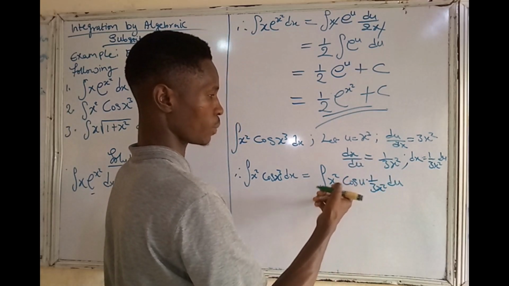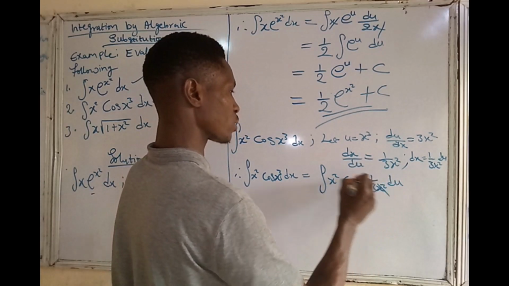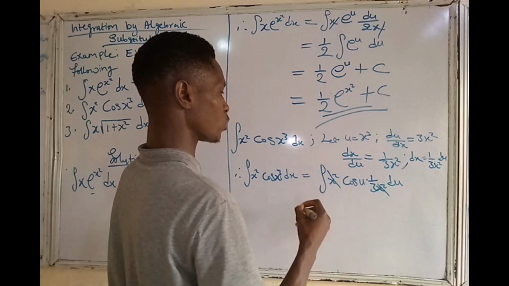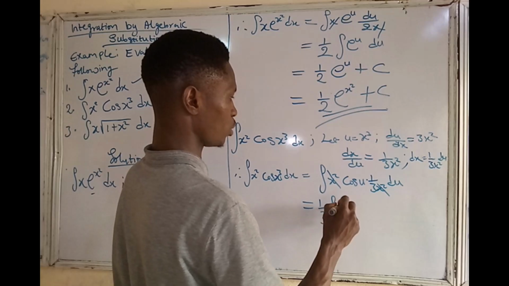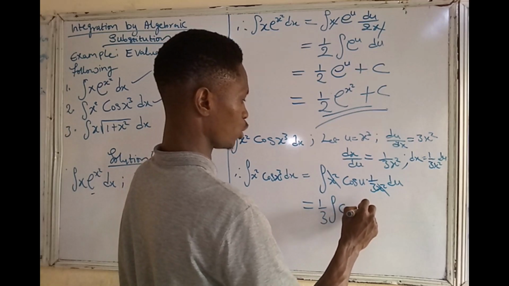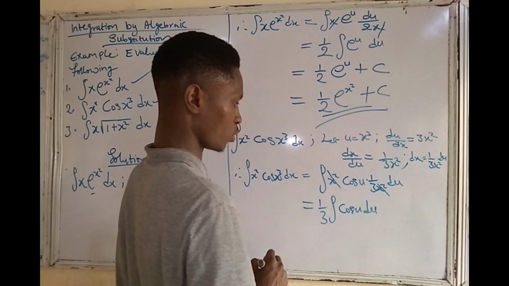The dot means multiplication. So the x squared cancels out. We bring out 1 over 3. So this is going to be 1 over 3 integral of cos u du.